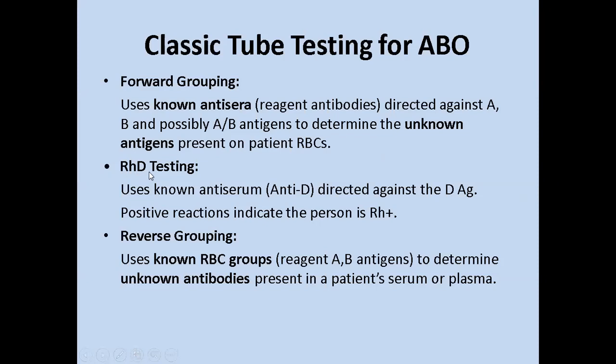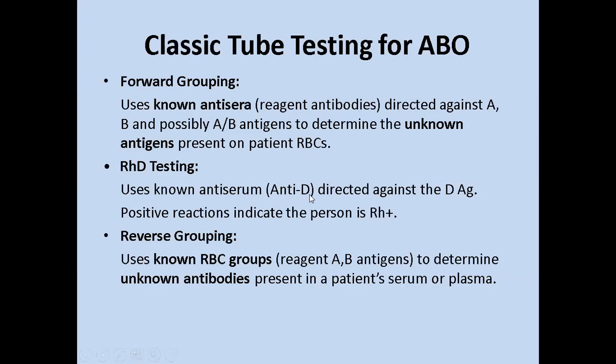RHD testing: the RH system has quite a few antigens in it, but by far the most important is the big D. When we're testing for this big D antigen, there is a separate antiserum known as anti-D. It's an antibody directed against the D antigen. When an individual's red cells have the D antigen, they will agglutinate when we add anti-D.